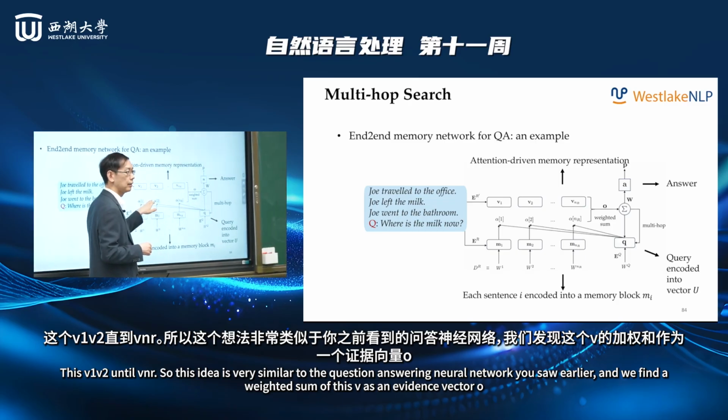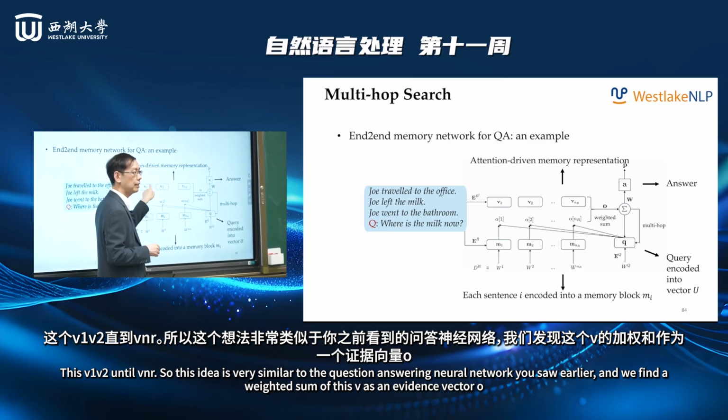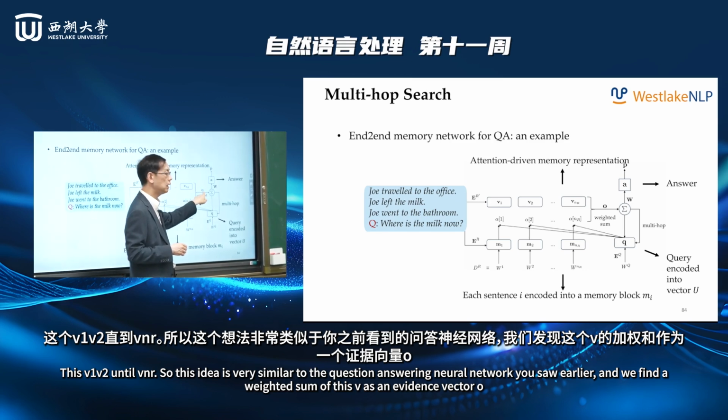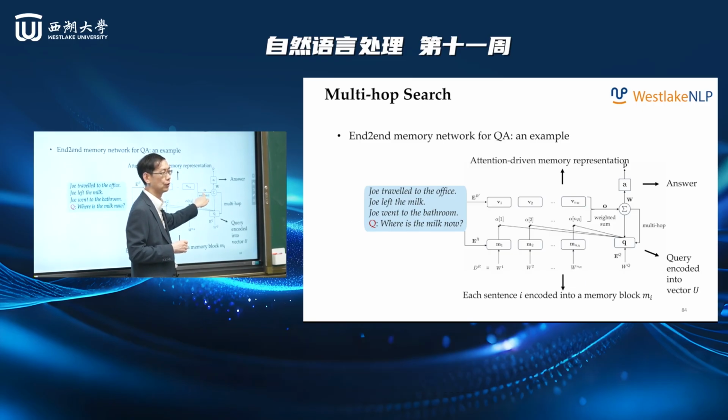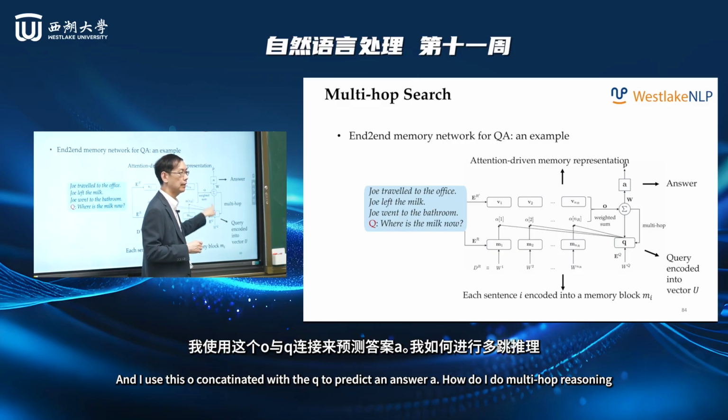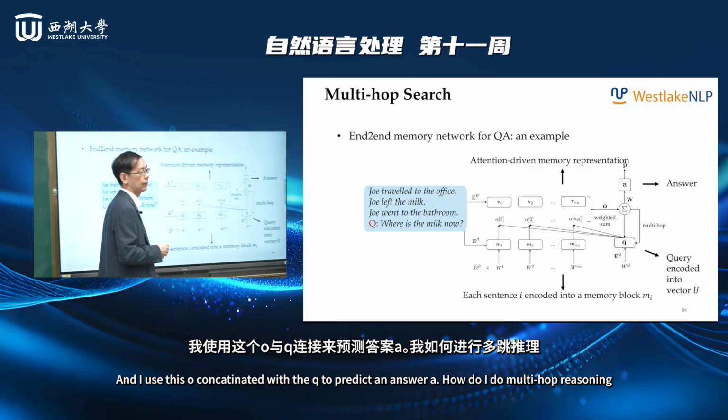And we find a weighted sum of this V as an evidence vector O. And I use this O concatenated with the Q to predict an answer A.